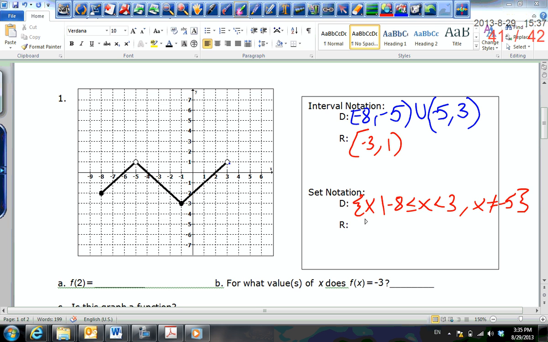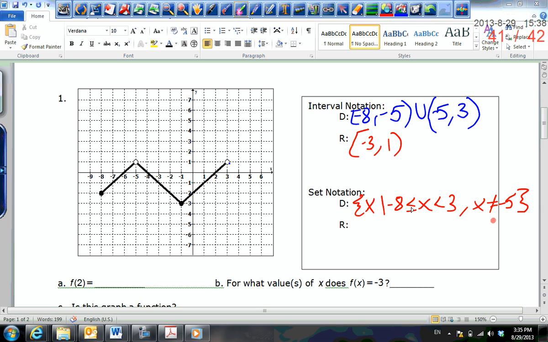Here's how this is read. One more time. Set of all x such that -8 is less than or equal to x less than 3, and also x cannot equal -5. So you just broke down the interval. Right, we're just breaking down the interval. We're just saying it in another language.